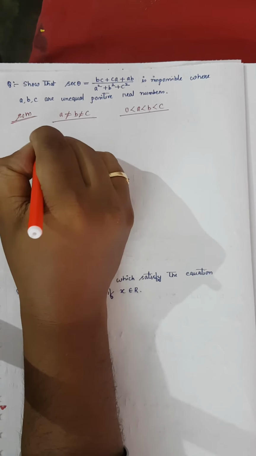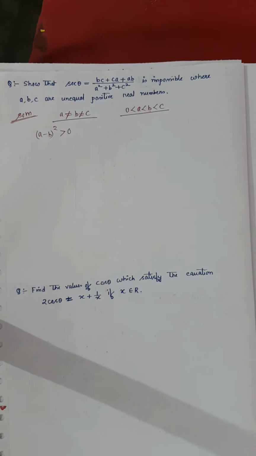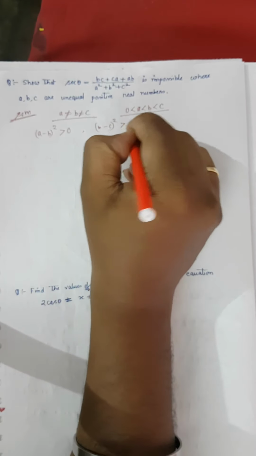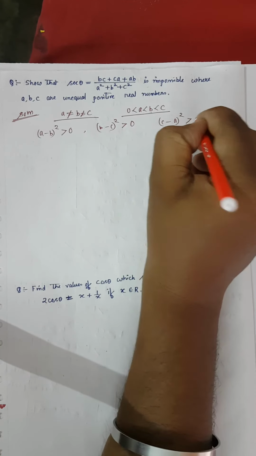Now (A minus B) whole square will always be greater than 0 because A and B are real numbers and their difference will always be non-zero as they are not equal. So after squaring it will become positive. Similarly, (B minus C) whole square will again be positive and (C minus A) whole square will again be positive.